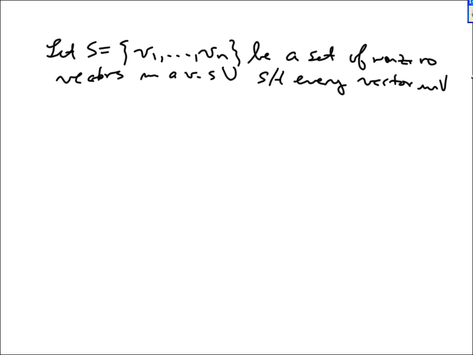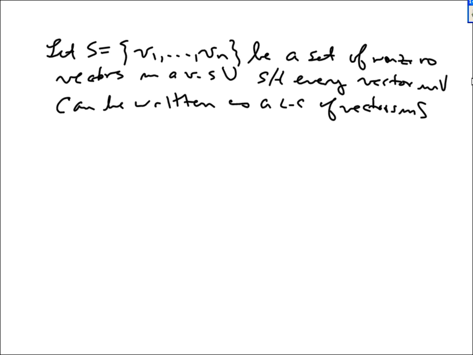Every vector in V can be written as a linear combination of vectors in S in a unique way.